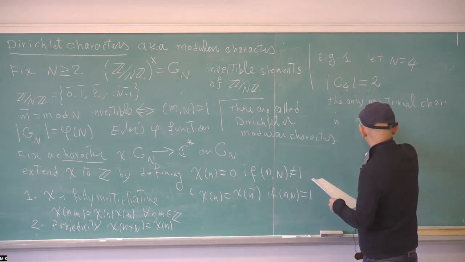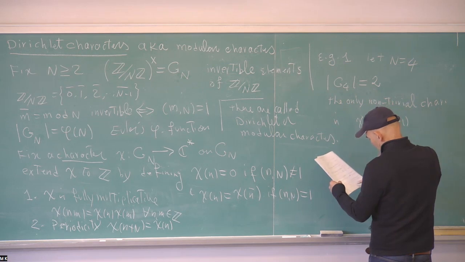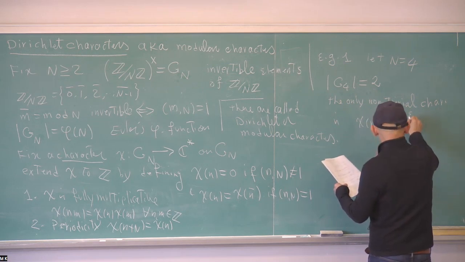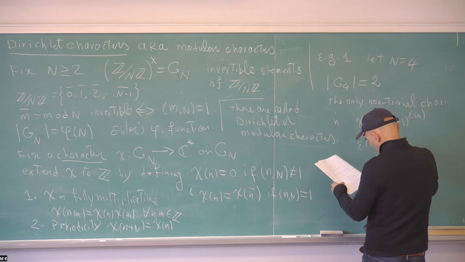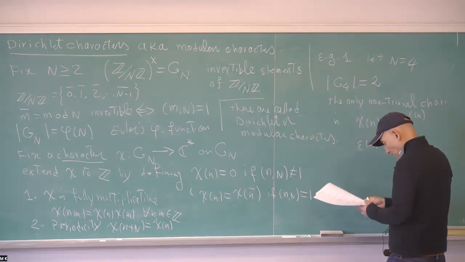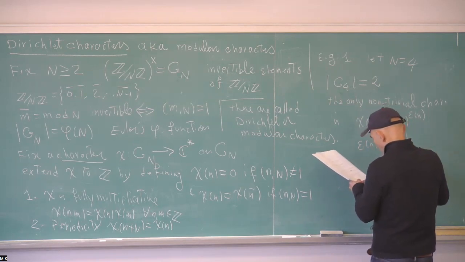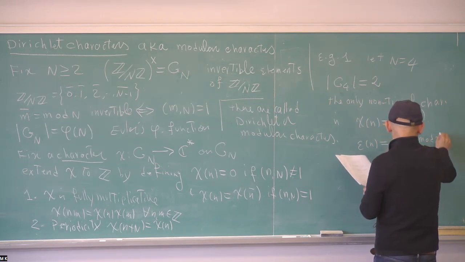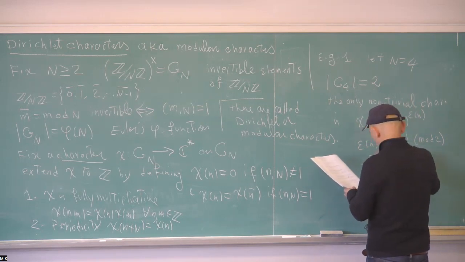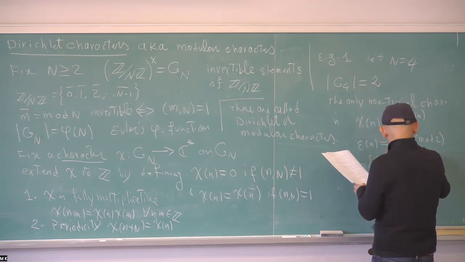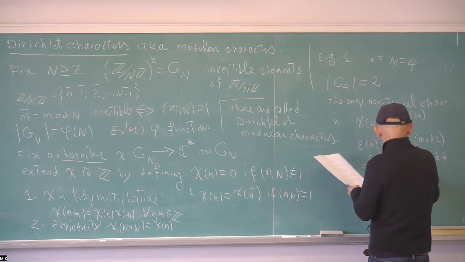It's just chi of n equal to, there is a nice formula, -1 to the power epsilon n, where epsilon n is equal to (n minus 1) over 2 mod 2, which is equal to 0 if n is equal to 1 mod 4, and is 1 if n is equal to -1 mod 4.